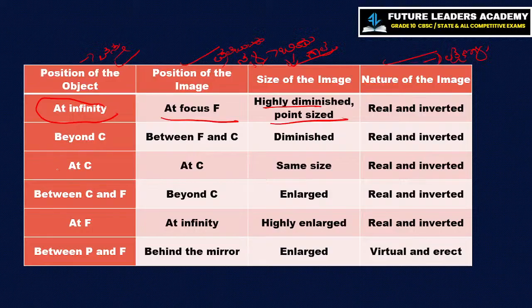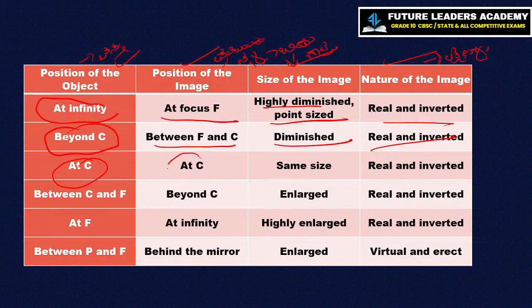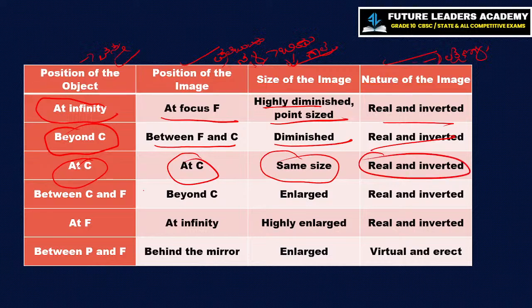Then when the object is beyond C, the image forms between F and C, diminished, real and inverted, all common, real and inverted. At C, the image is also at C. Size will also be the same. Real and inverted also the same.